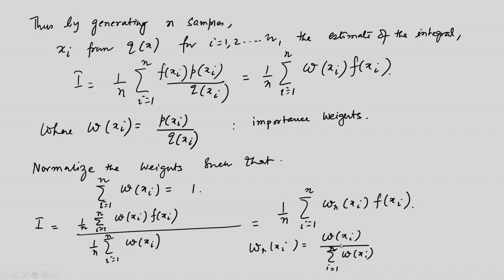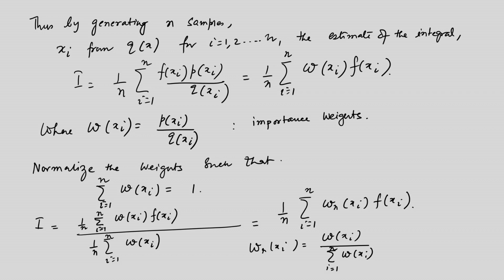Okay. Now, this is the main concept involved here: instead of p(x), we have w(x), and w(x) is derived from p(x) with another distribution q(x), which seems to fit this better.